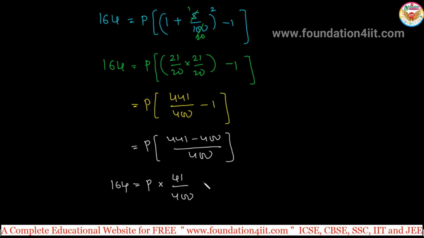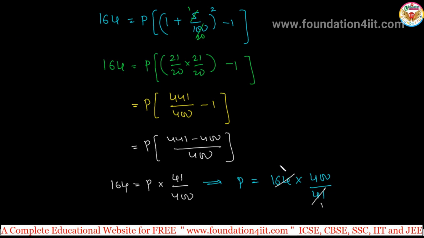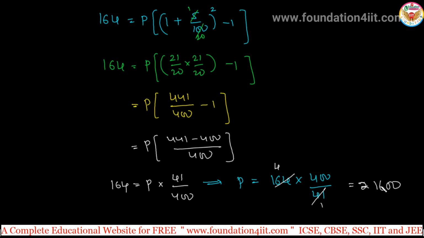Now using this, P is equal to 164, 41 by 400 take other side, 400 by 41. Now 41 times 4 is 164. 4 into 400 is 1600. 1600 is the principal. So we can calculate like this. So P value is 1600.